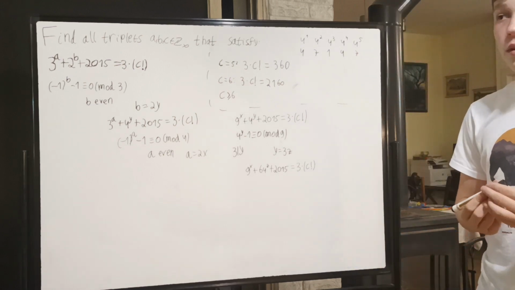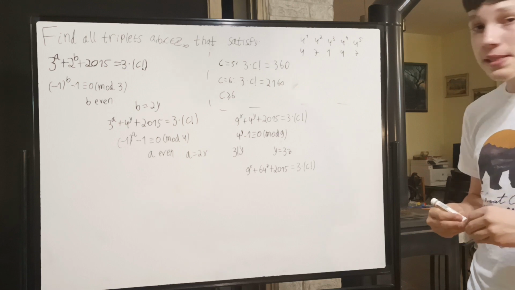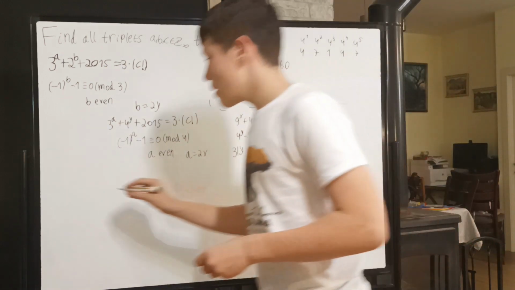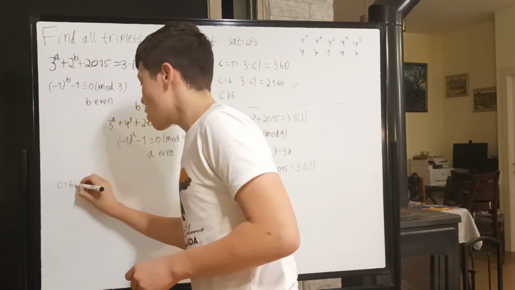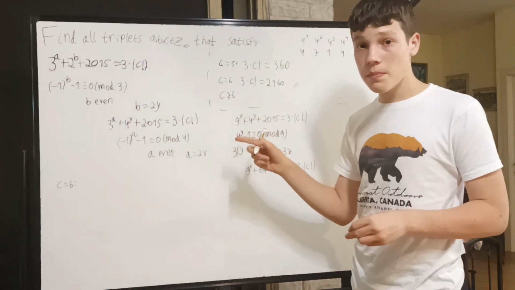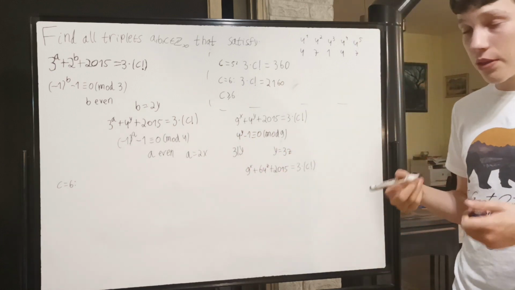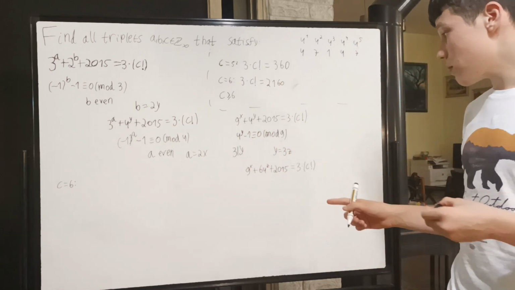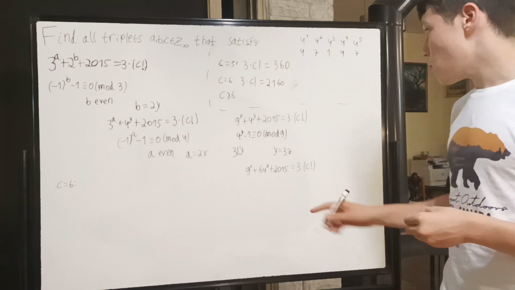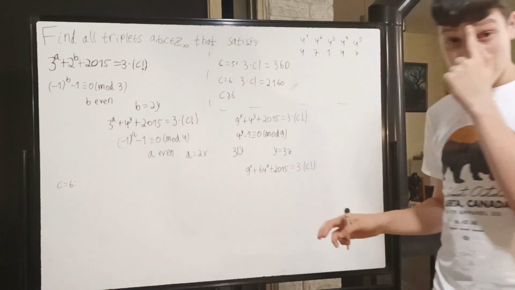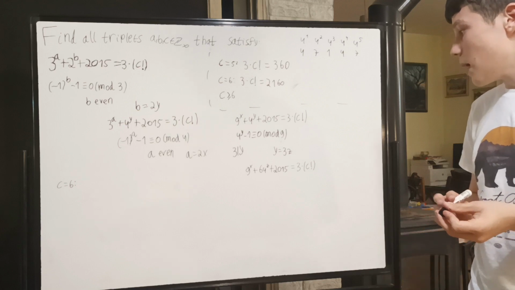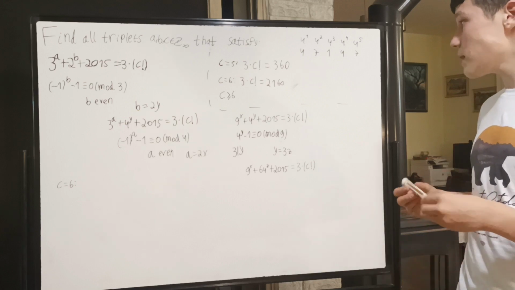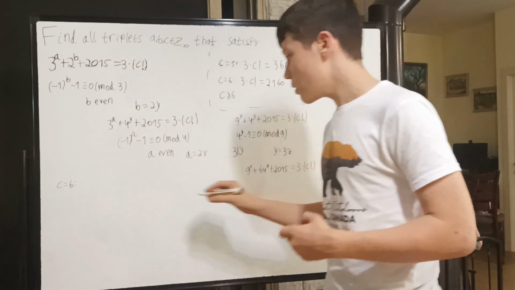Okay, now I'm going to do a little bit of cases. So if C is equal to 6, which we know is its bare minimum, the other case would be C is bigger than or equal to 7. But if C is equal to 6, we know that 3 times C factorial would be 2160. And then subtract 2015 from that, you'll get 145.